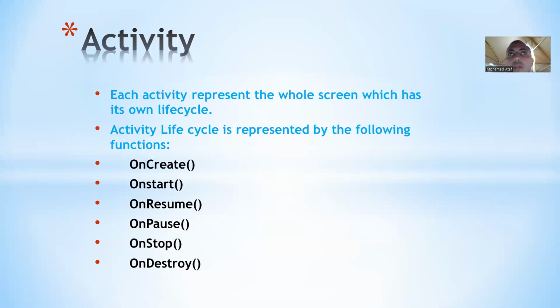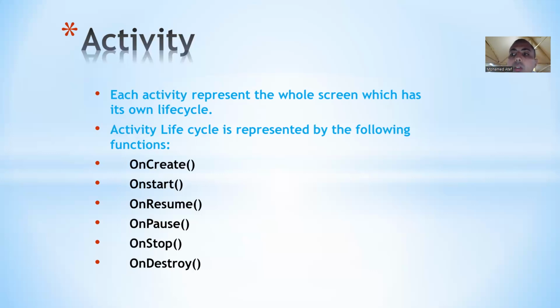Once onPause is called, the user cannot deal with the activity or user interface, and if they try to act on the buttons, layouts or views appearing on the screen, it will not respond. Once onStop is called, the user cannot see the views of this activity.